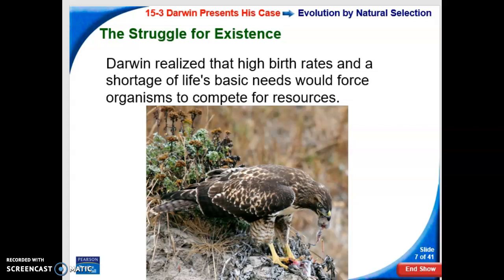What Darwin realized is that high birth rates and a shortage of life's basic needs, such as food, space, and water, make organisms compete for these resources. While the animals are competing, whichever one is stronger is going to be the one that survives, or is best fitted for that environment.